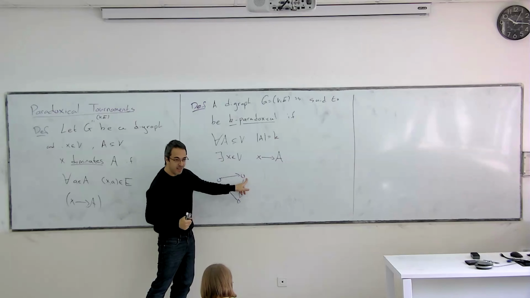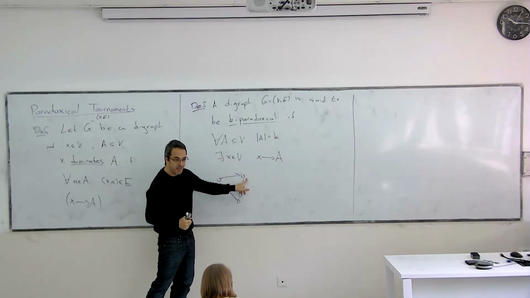Let's try to construct a two-paradoxical graph on 6 vertices. Well, then 7 is okay, always. So what does dominate mean?